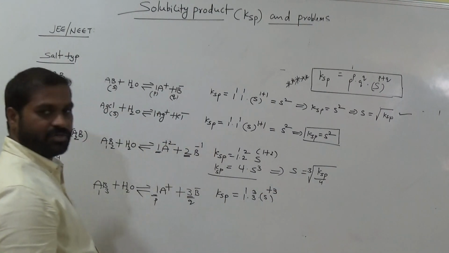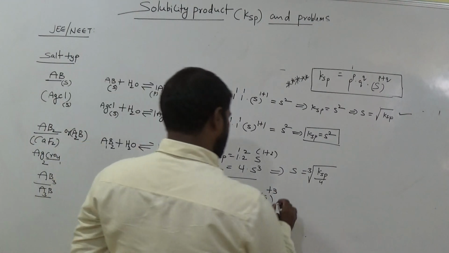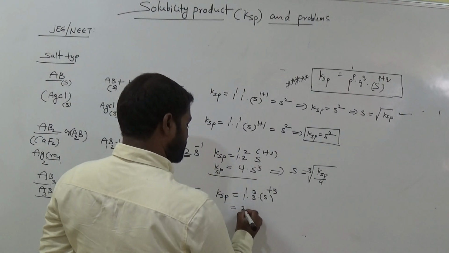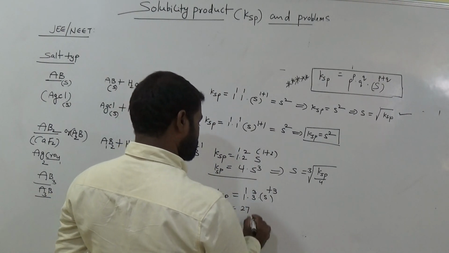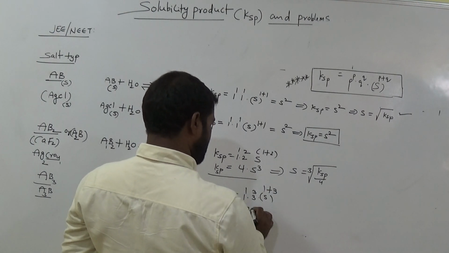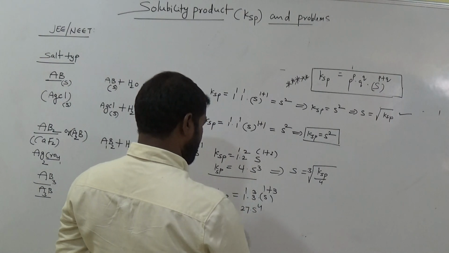Am I right? Clear up to here? Now from this one, how much is this value? 3 cube means 27. 1 plus 3, that is S power 4, am I right?